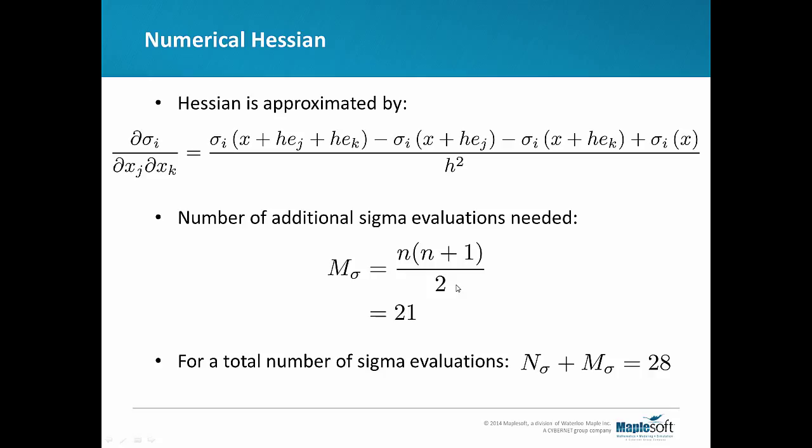So in the case of our example, we had 6 states, and that's going to be 21 evaluations. And it's only 21 because we already know what these perturbed evaluations are, because we can reuse those from the Jacobian computation. So in total, you have to calculate sigma 28 times. For a relatively simple system, this is already starting to scale rather poorly.